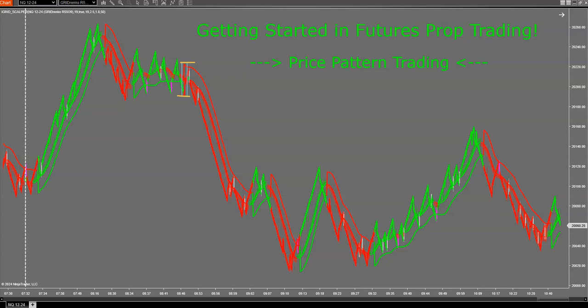The iGrid indicator is just different. There's no such thing as a perfect indicator. I don't think I'll ever find one, but can you dial it in to help you see visually efficient setups day after day after day? I think so. I think it's very effective at that.